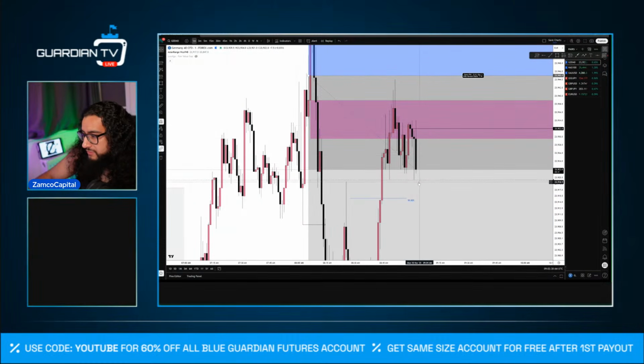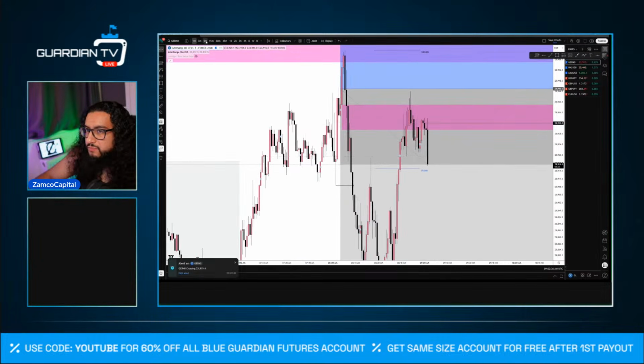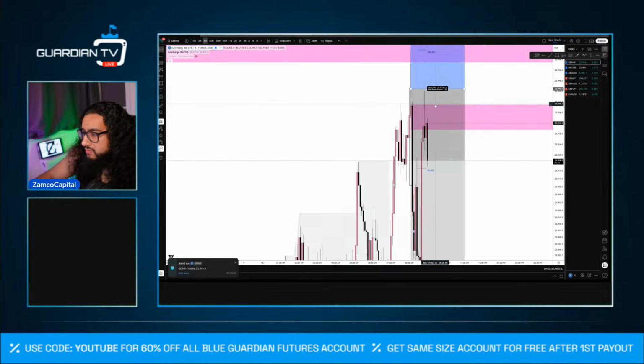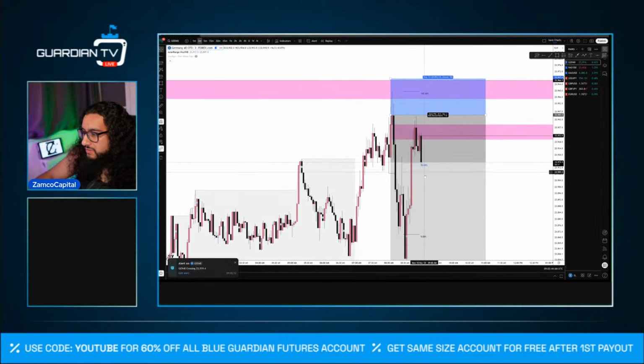It's pulling price down. We should minimum sweep these lows. But I don't know now if we are going to reject this 5 minute and continue up, or if this 3 minute is actually going to hold and we're going to continue down. I don't know which one's going to happen. But that's why I'm not going to close this trade, because there's still a possibility of it going back down.